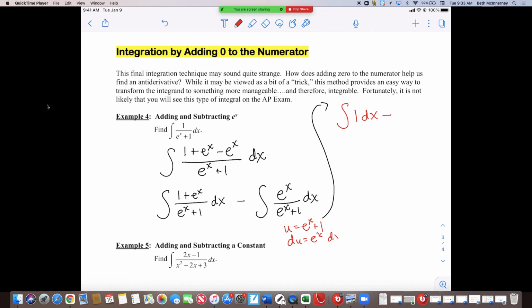So then that is 1 over u du. So that's x minus the natural log of, and isn't e to the x always positive? If you think about what the graph of e to the x looks like, that's always positive. So there's my final answer. That rocks. That was super cool.